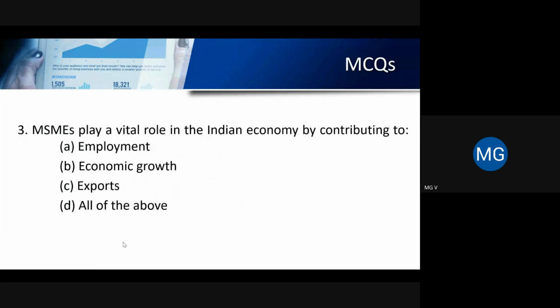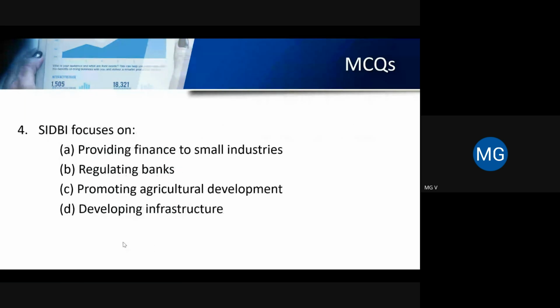MSME plays a vital role in the Indian economy by contributing to employment, economic growth, exports, or all of the above. All of the above, ma'am. Very right. All of the above. SIDBI focuses on providing finance to small industries, regulating banks, promoting agricultural development, or developing infrastructure.